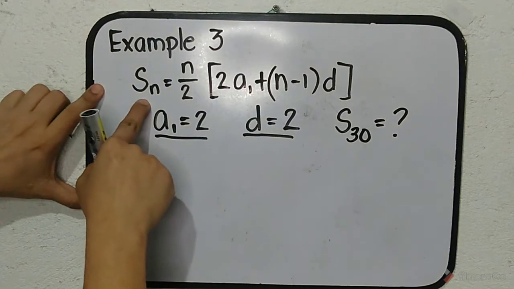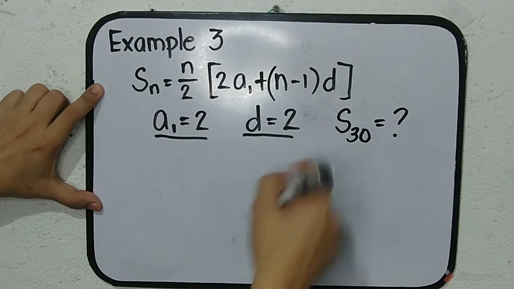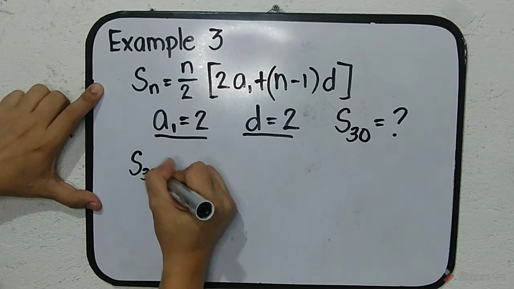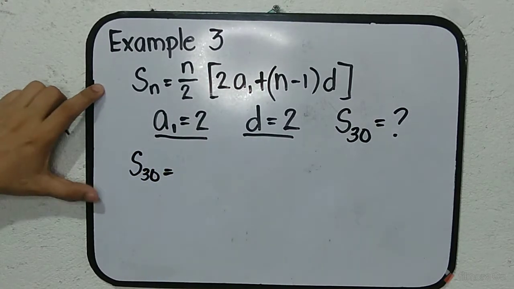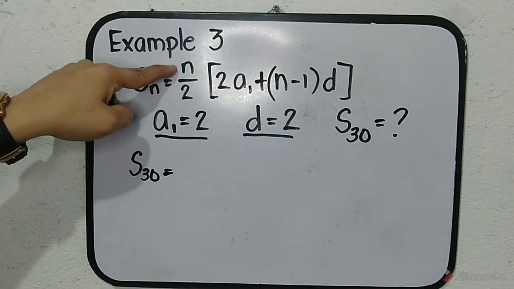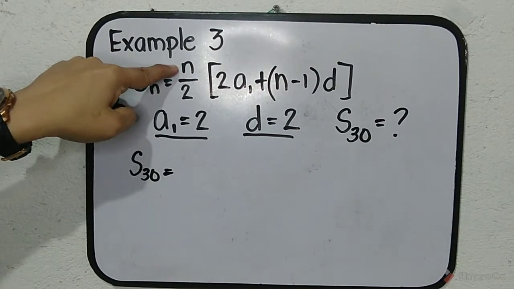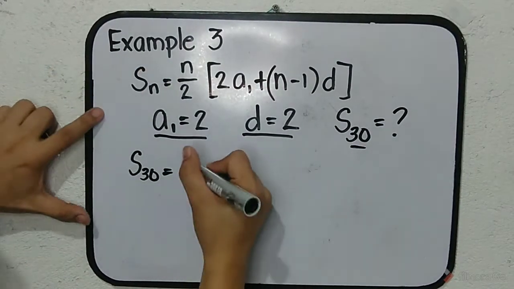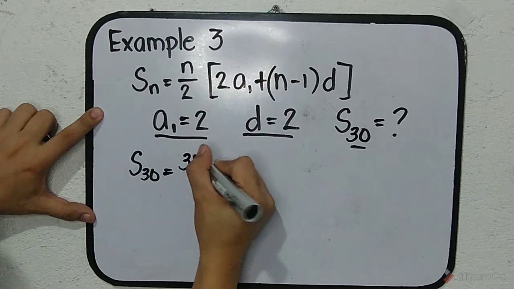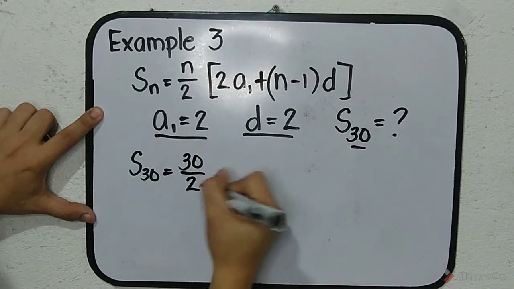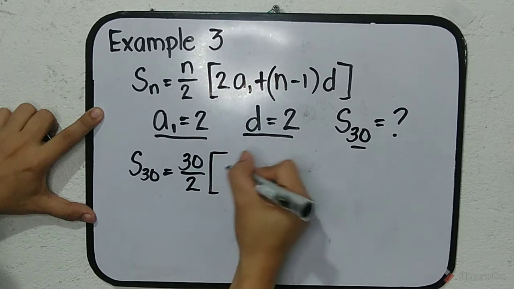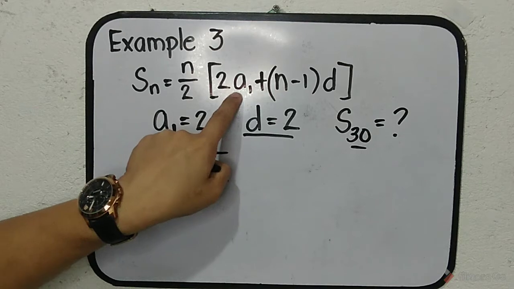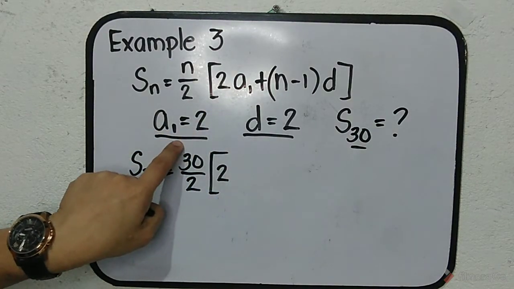So, once again, S sub n, so ilang terms? 30. So, S sub 30. Next, our n ulit is the number of terms. So, ang number of terms na i-add natin ay 30. Place lang natin yung 30 dito over 2. Next, we have 2 times a sub 1. Our a sub 1 is equal to 2.